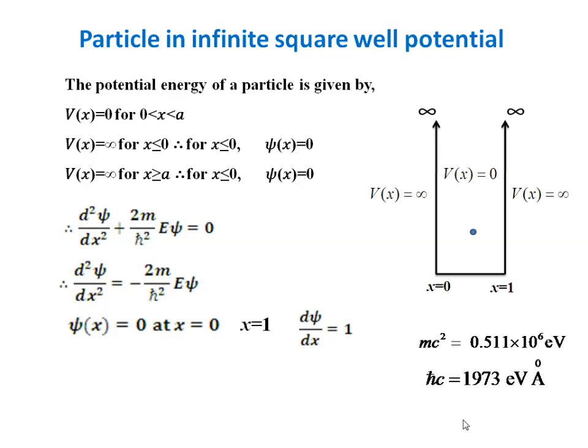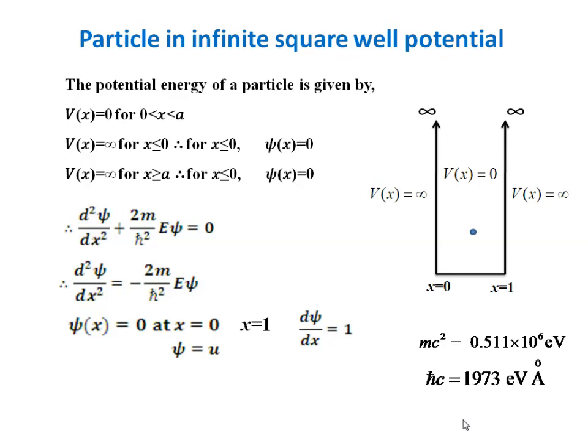Here we consider the particle to be an electron, for which we have mc square equal to 0.511 into 10 to the power 6 electron volt, and the constant h cross c is equal to 1973 electron volt angstrom.